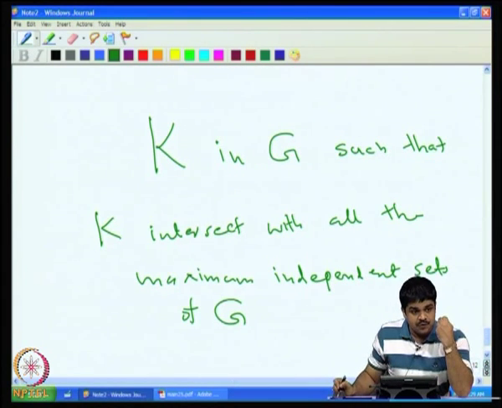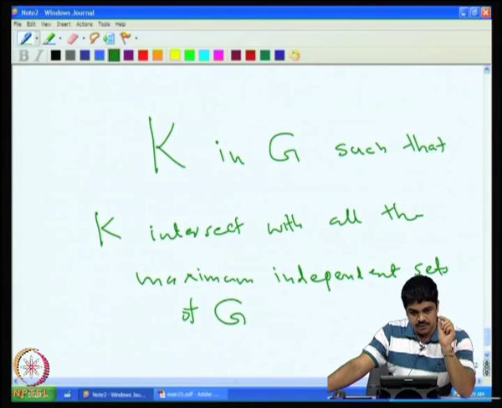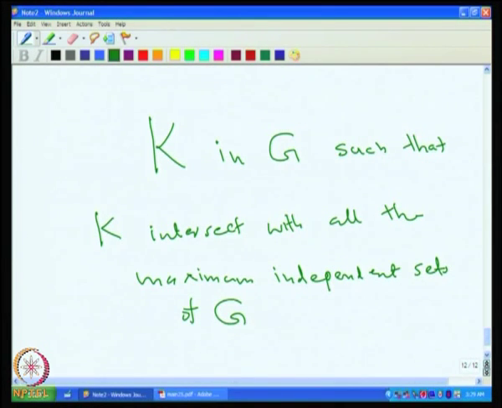It means that if you remove that clique from G, the maximum independent set size itself will reduce. If you have one such clique which intersects with each maximum independent set, then when we remove this clique from G, the maximum independent set cardinality itself will reduce, alpha will reduce to alpha minus 1.